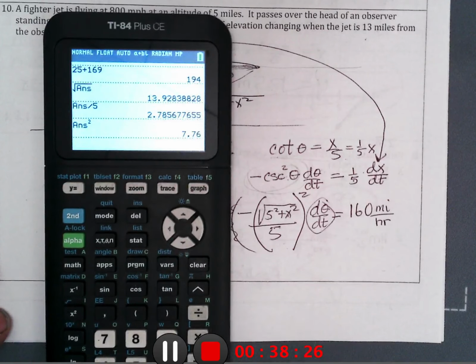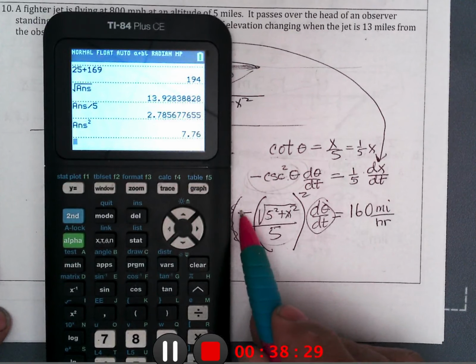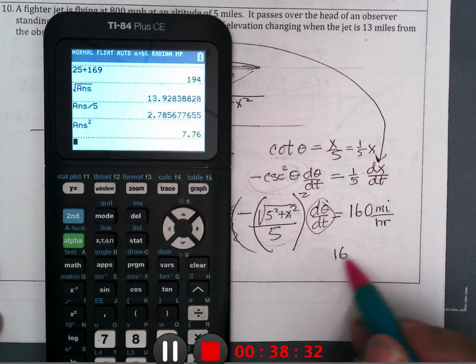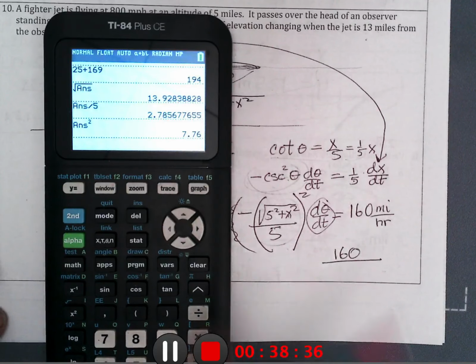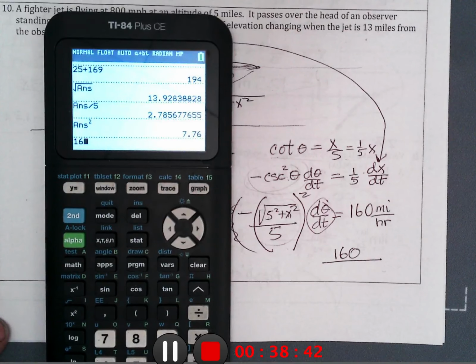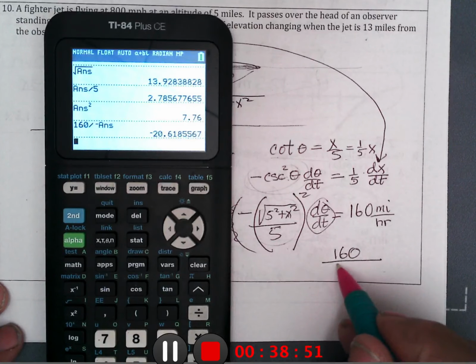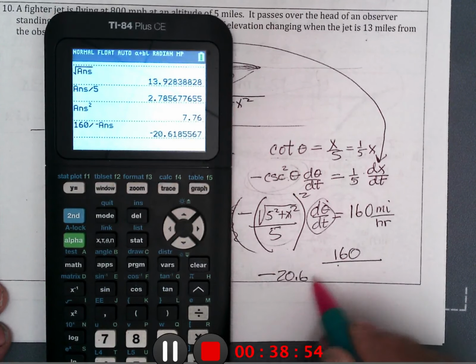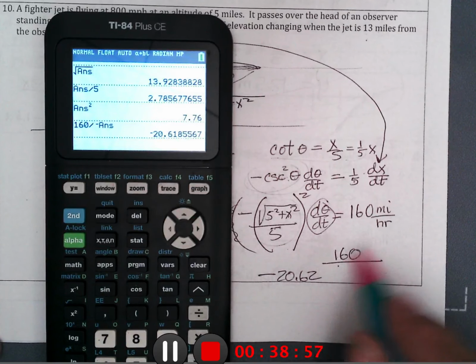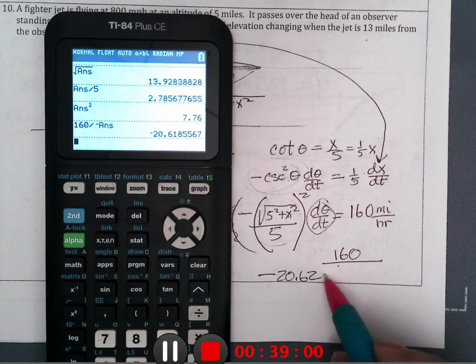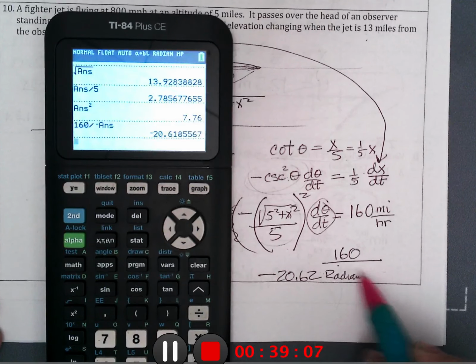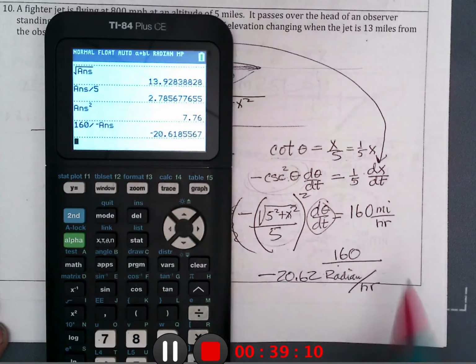And I get this, which is going to be negative, so I've got to take 160 divided by the negative of this, and I got negative 20.62, and that will be the change in the angle, so this would be radians per hour. Okay?